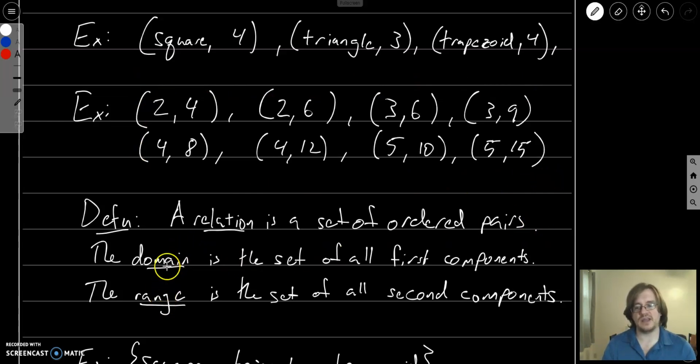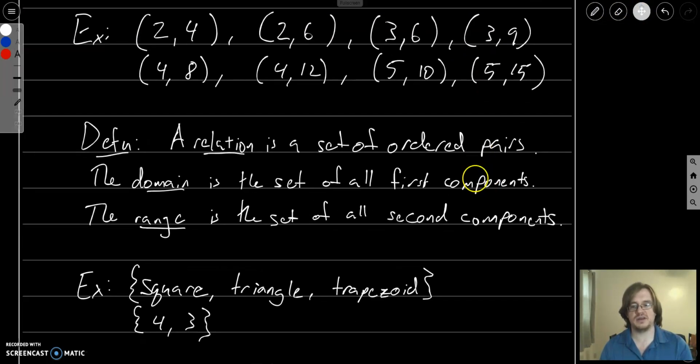The domain and range are what are on the left and the right halves of the ordered pairs, respectively. So, for instance, if we look at the domain of the first relation, we have 3 ordered pairs in the relation. There are 3 things on the left: squares, triangles, and trapezoids.